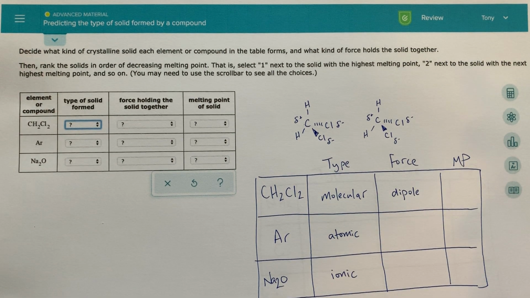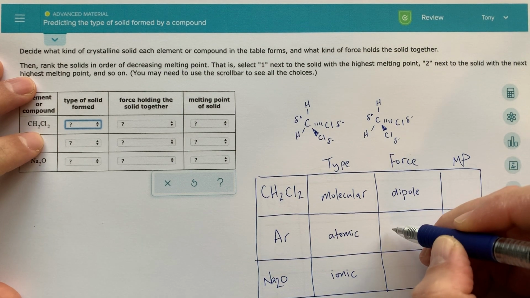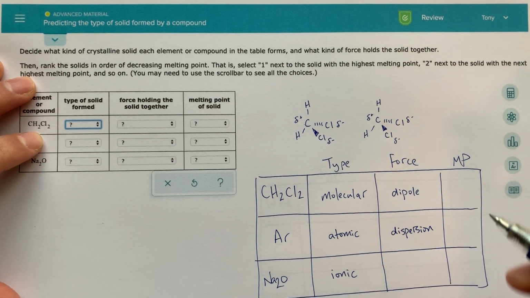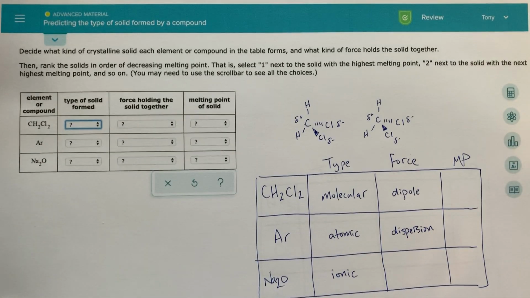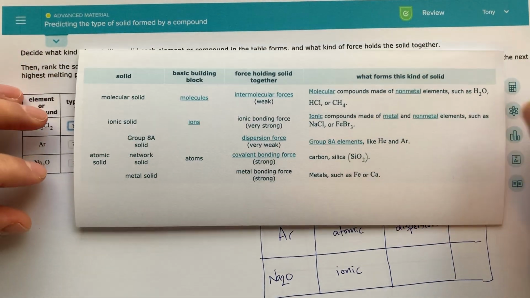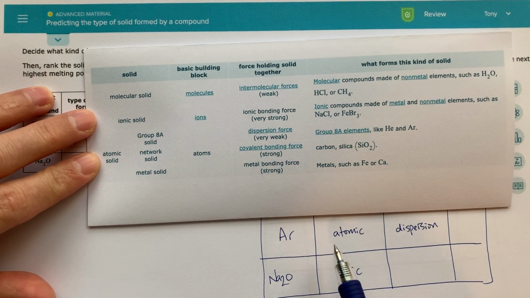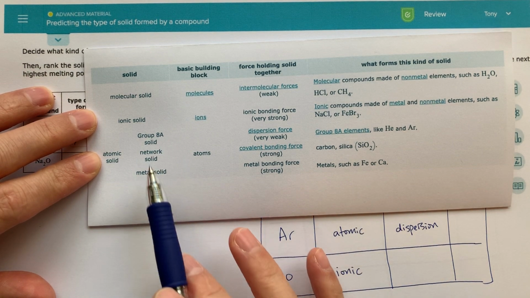Now, for argon, this is a case where this is going to be a dispersion force. And here's where we get into some trickiness or some confusion. So I'm going to go back to this table. For our atomic solid, once we've decided that we're going to call this an atomic type of solid, then we're going to start breaking it down here.